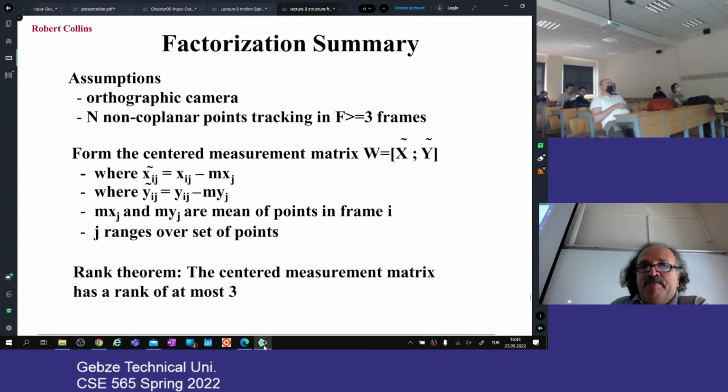Factorization summary. The assumptions are an orthographic camera and non-coplanar points. What are non-coplanar points?